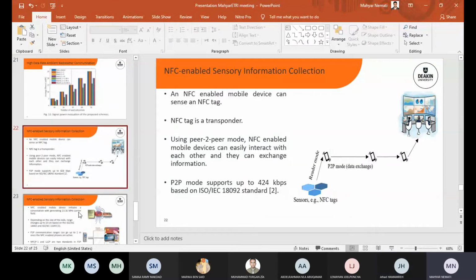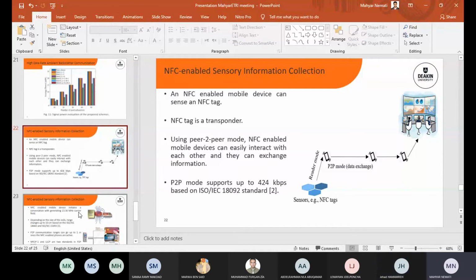So now, about the future directions in backscatter communication. One of the big potentials for backscatter communications is, let's assume, NFC, which stands for near field communication.